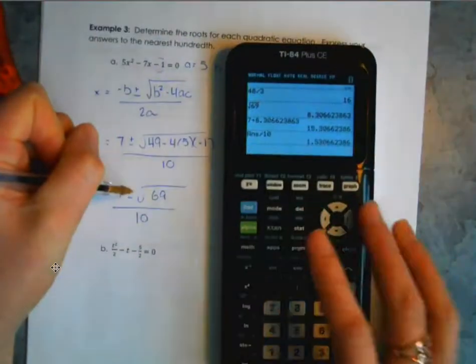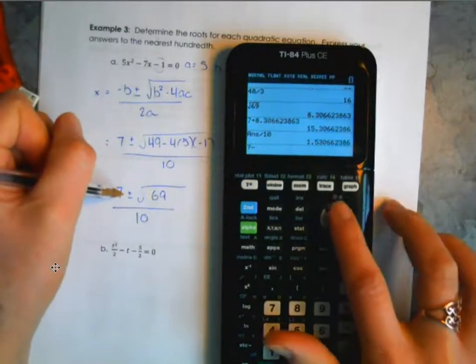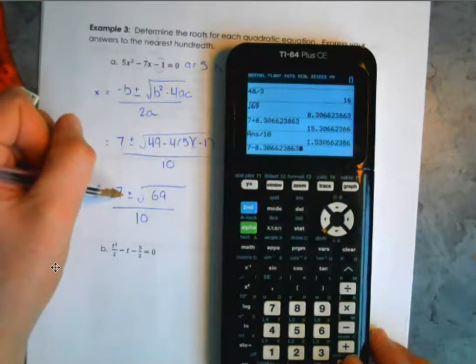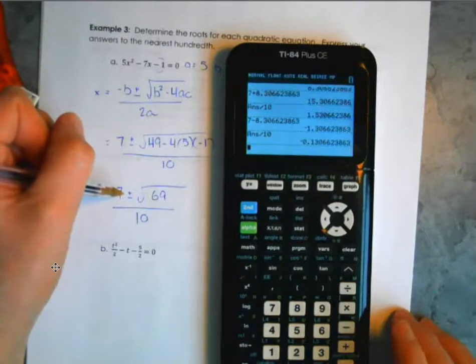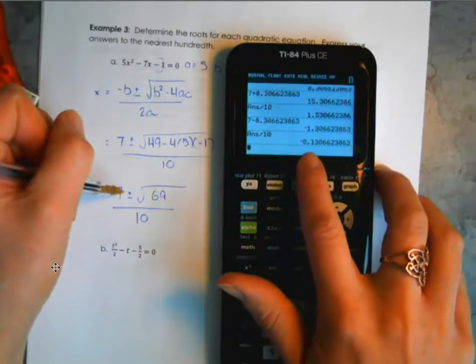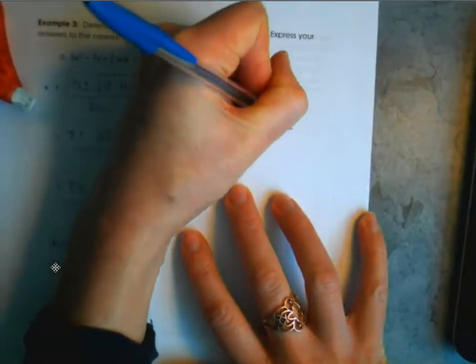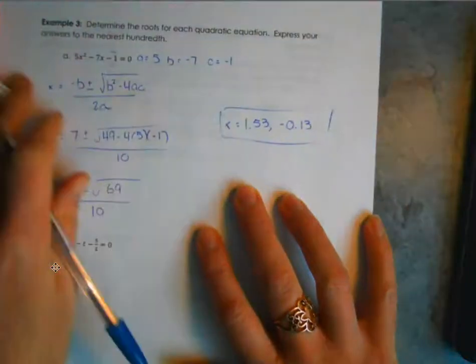And then the other answer, the other root, is going to be 7 minus the square root of 69, which was that 8.3. Enter that, and then divide it by 10. So that gives me negative 0.13. Negative 0.13. So those are my roots. Okay.